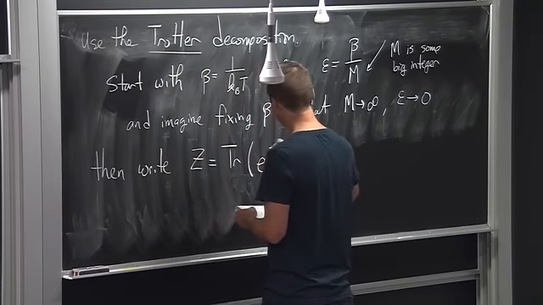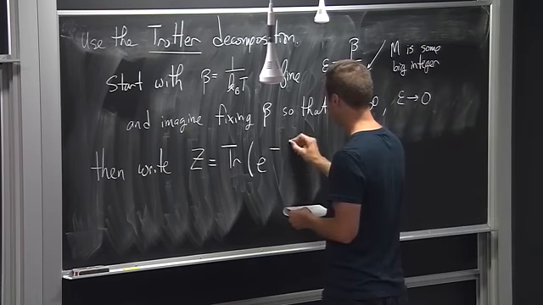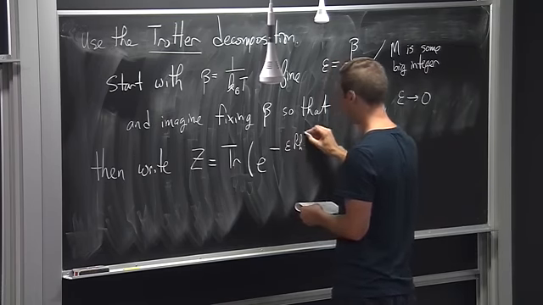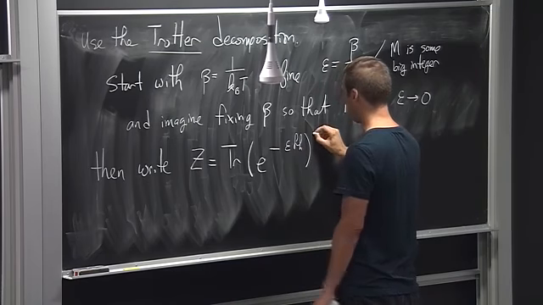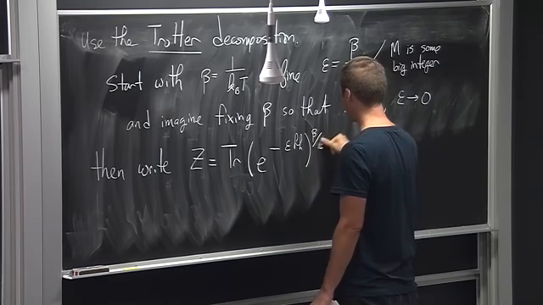So there's my trace, e to the minus beta h. So let me write it as epsilon h. Let's see, beta over epsilon. Sure, why not?